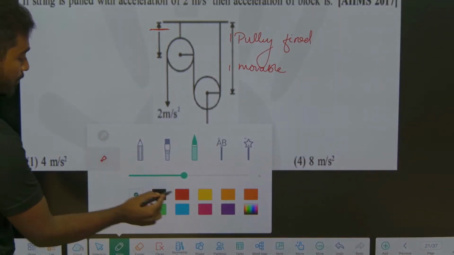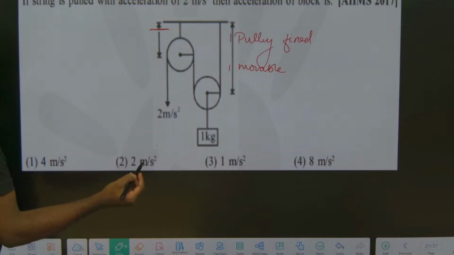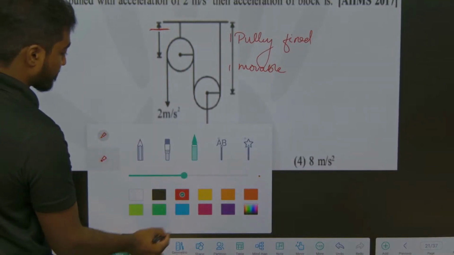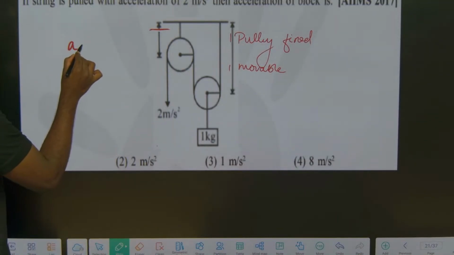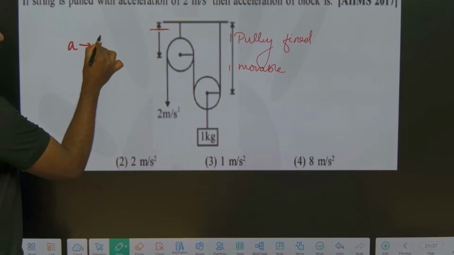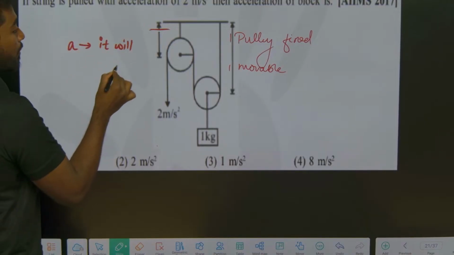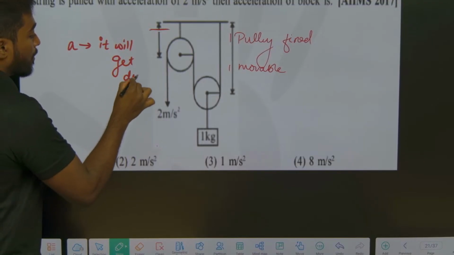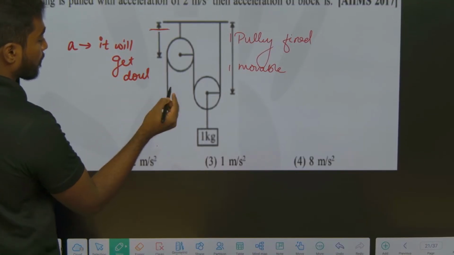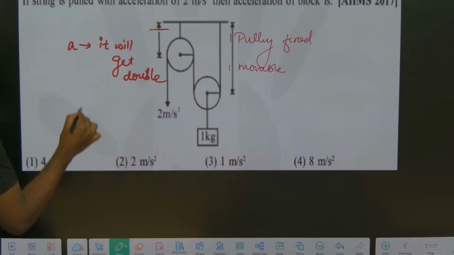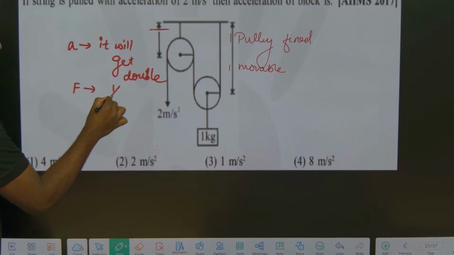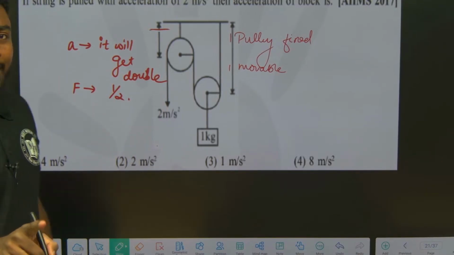Listen. Acceleration is given, it will get double. If force is given, it will get half of that.